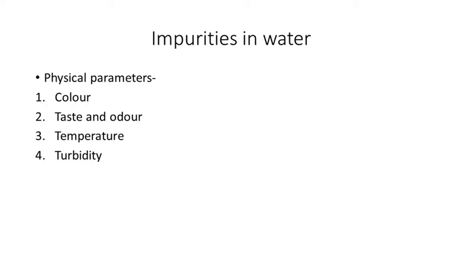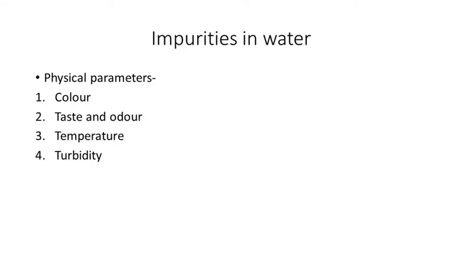And colored water we do not accept for drinking and domestic purposes. You all know about the rainy season. In the rainy season, soil gets mixed with the water and changes the color to red, and that red water we can't accept for drinking purposes.